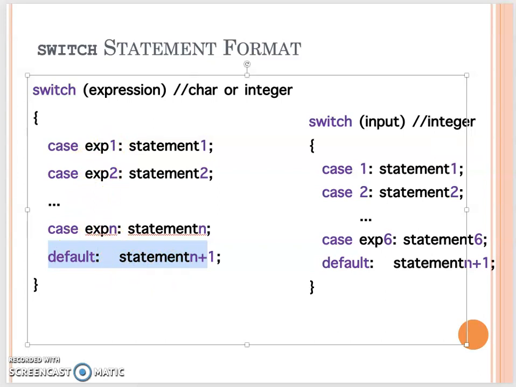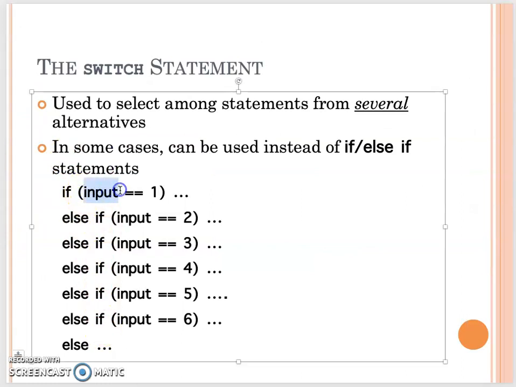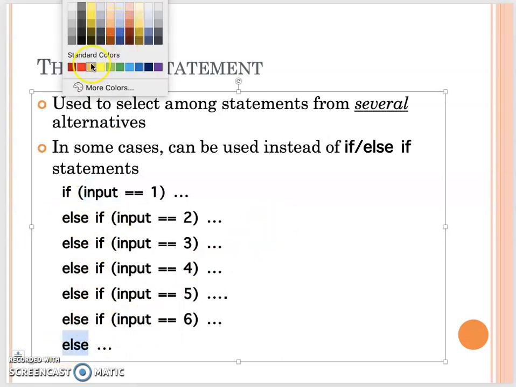So that's how we can compare the switch statement with the if-else-if statement. You can see here, usually we only compare one value. If this value equals 0, we do something. Else, if that equals 2, we do something. Remember, when you have so many if-else-if statements, at the end there's an else.